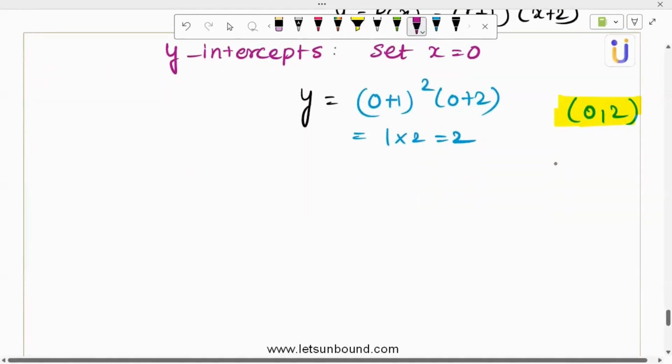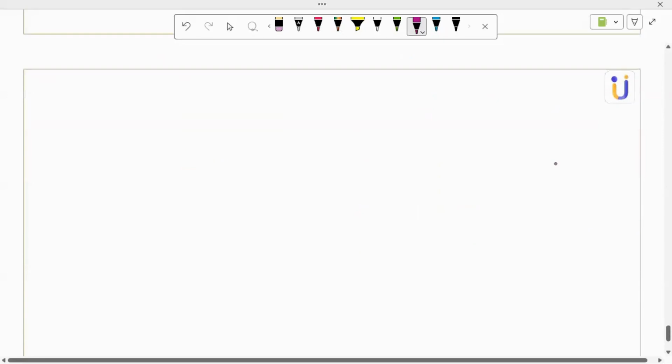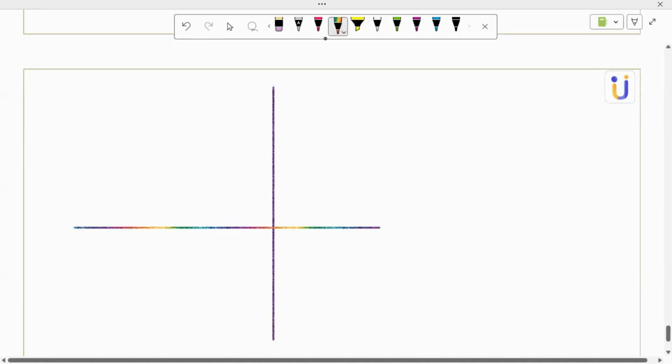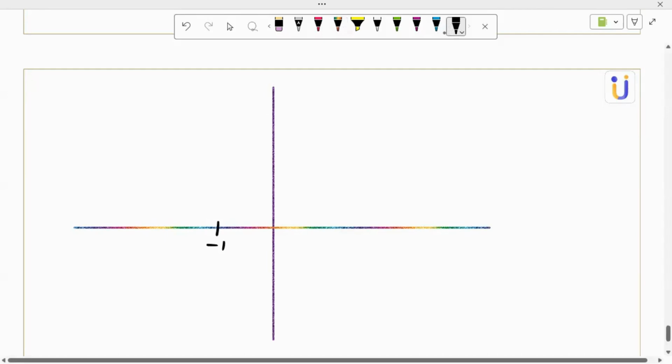Right? So these are the things. Then we can directly get into the graphing part. Let me draw the axis. We mostly have the zeros as -1 and -2. So plot -1 and -2. At -1, it's like a tangent.